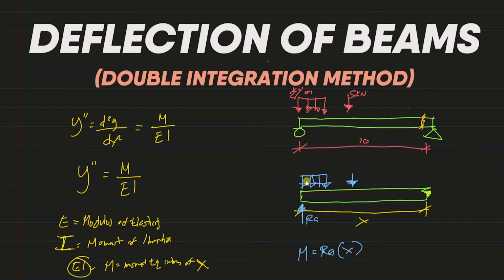So, tuloy natin. Let's say this is 2 kilonewton per meter, diba? Of course, we need to convert that first sa point load. So, ano ba yung converted point load niyan? That would be 2 times, kulang yung given. Let's say this UDL is acting on 2 meter length.